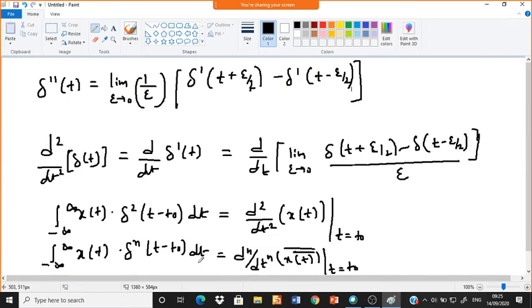Whatever nth derivative you take, it will be the derivative of x of t at t equal to t naught. This is the actual impulse function property when we apply it to any signal x of t. So these are the derivatives of the impulse function.